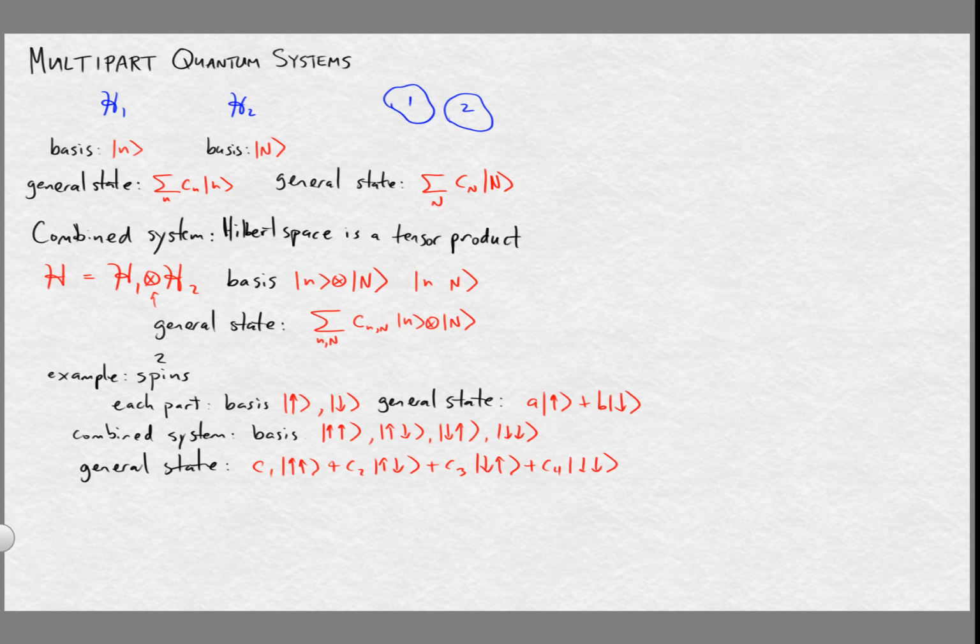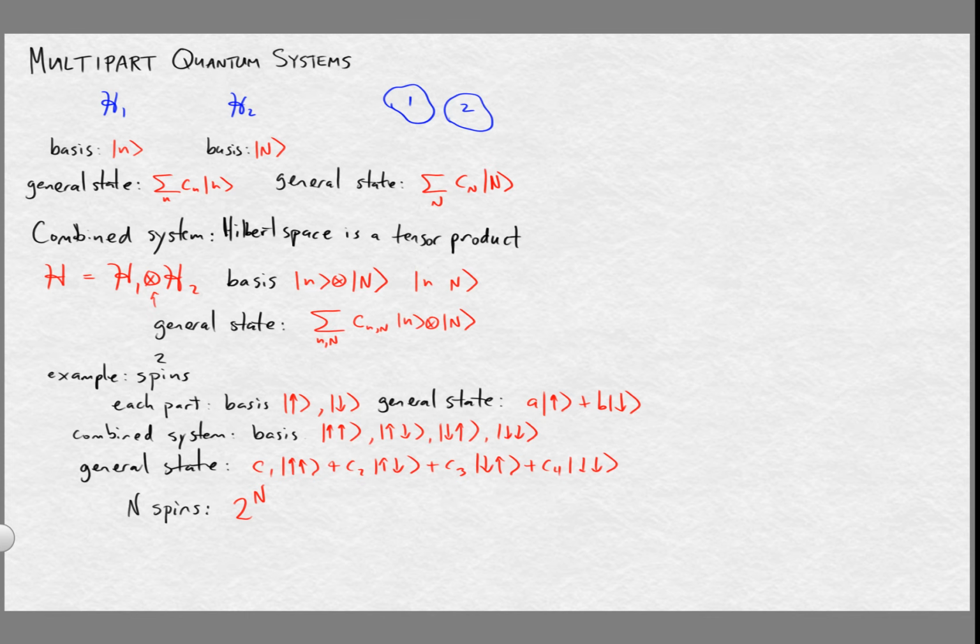And it's interesting that if you think about larger combined systems with more spins, so if we had n spins, then the number of basis elements is going to be 2 to the n, because each basis element is some combination of basis elements for the individual systems, and you have a choice of 2 things for each individual system.